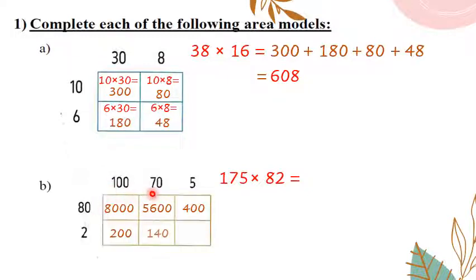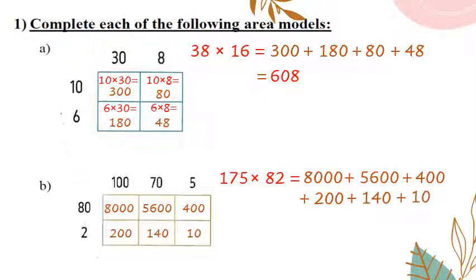And 2 times 70 equal 140. 2 times 5 equal 10. If you need to add these numbers to get the answer, I will add 8,000 plus 5,600 plus 400 plus 200 plus 140 plus 10. It will be 14,350.